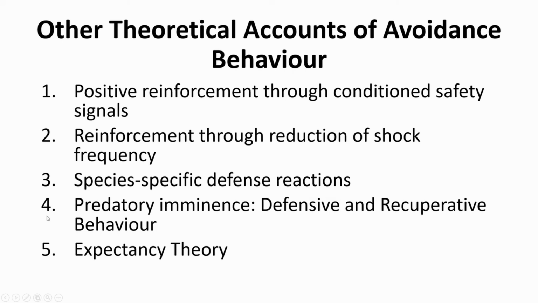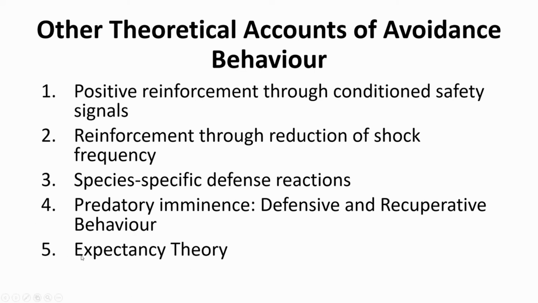But none of these first four require us to assume any kind of active cognitive appraisal. We're not saying that the organism is thinking about what is going to happen. We are just talking about associations that have been learned or responses that happen due to innate biological drives.